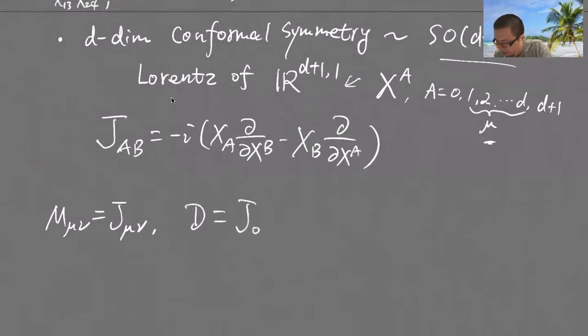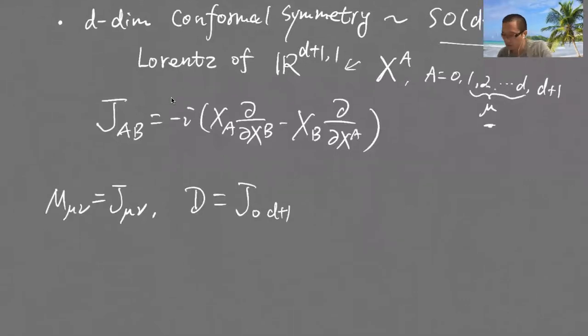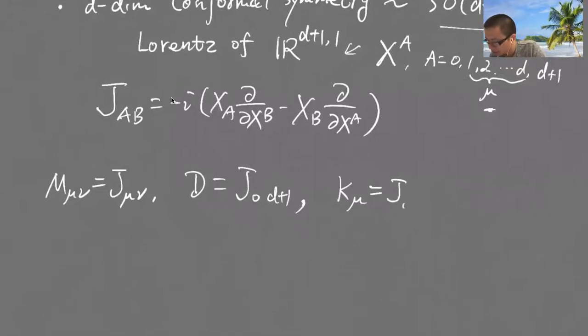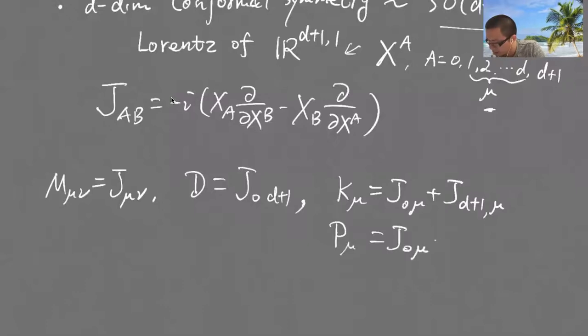So here's the identification. And then obviously we need a vector in D dimensions, which is the special conformal transformation. This is given by J_0μ plus J_(D+1)μ, and the translation is then given by the difference.